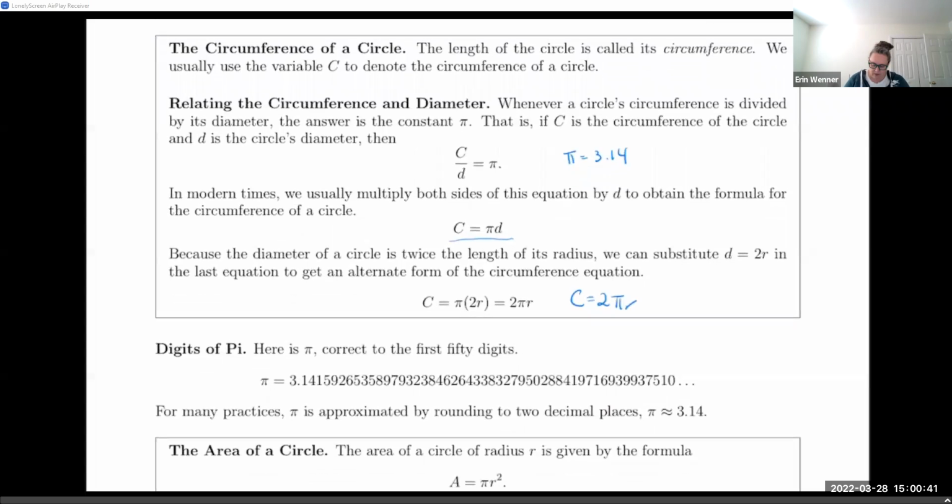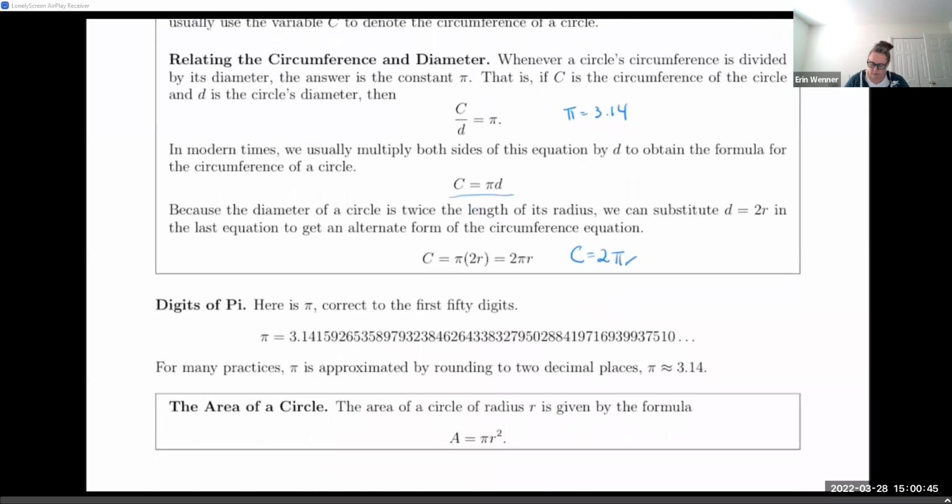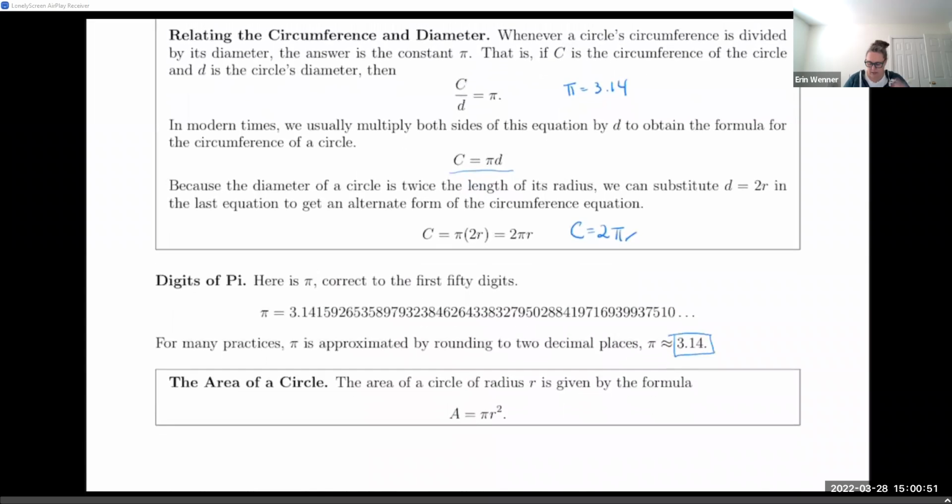So here we have pi for the first 15 digits, but for the most part, we round it to 2 decimal places or 3.14. We're finding the area of the circle. It's found by squaring the radius and then multiplying it by pi. So area equals pi r squared.